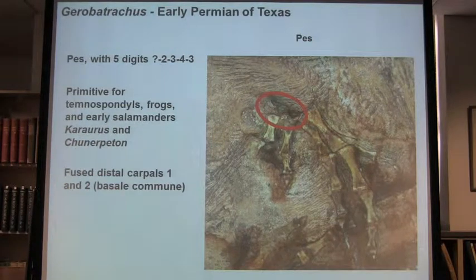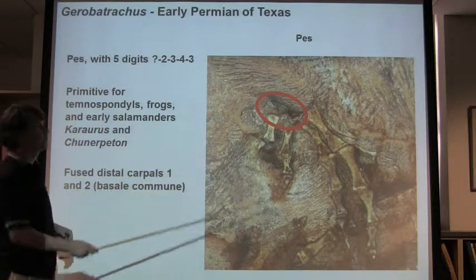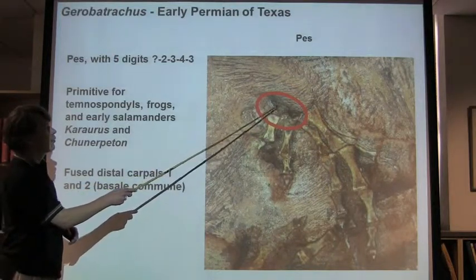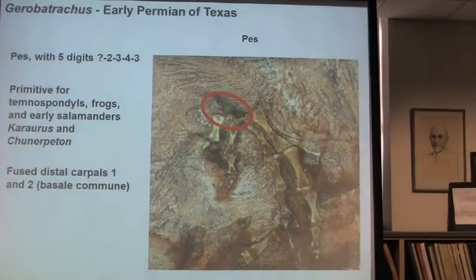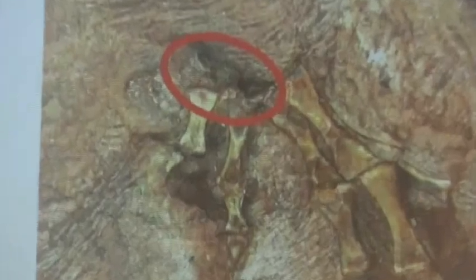So Triadobatrachus, Karaurus, and Kokartus all have the same digital phalangeal count. But it also preserves a couple of the distal tarsal elements. And this is exciting because of where they're located and what the probable identity of these specimens are.